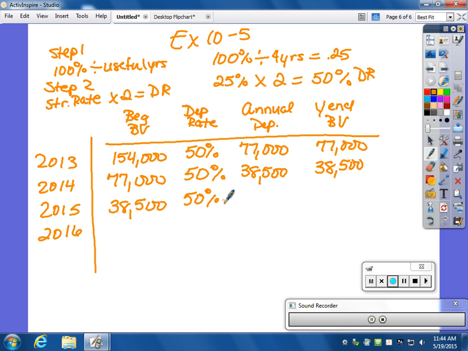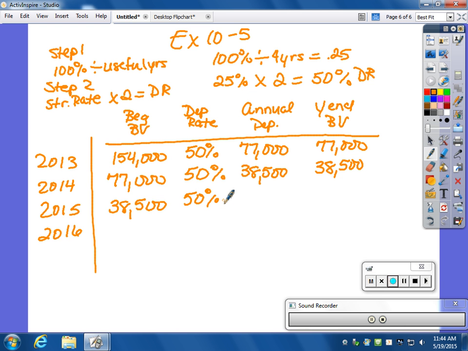19,000. You sure? Calculate it again. Yeah, but what's the catch? It's going below the salvage value, which means we need to adjust. But it's not 19,000.